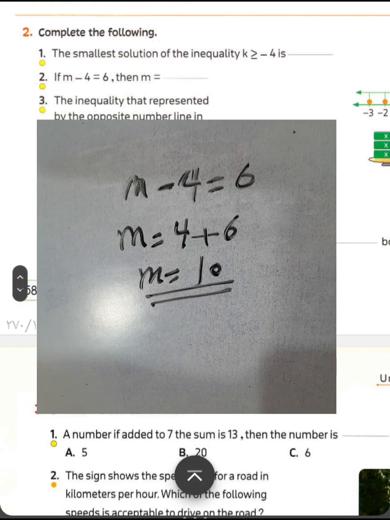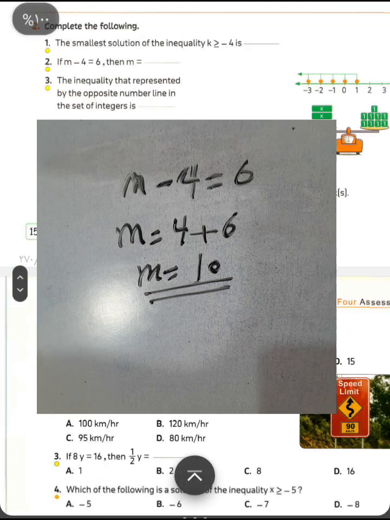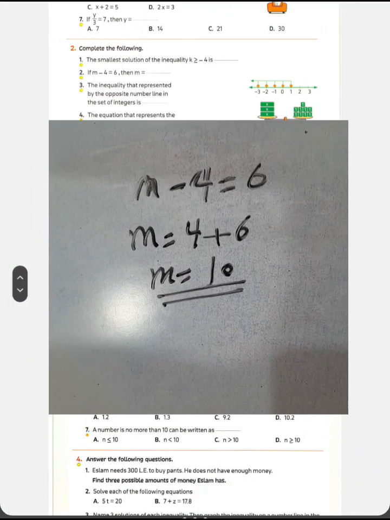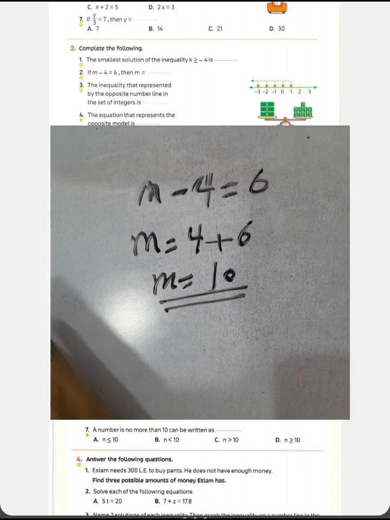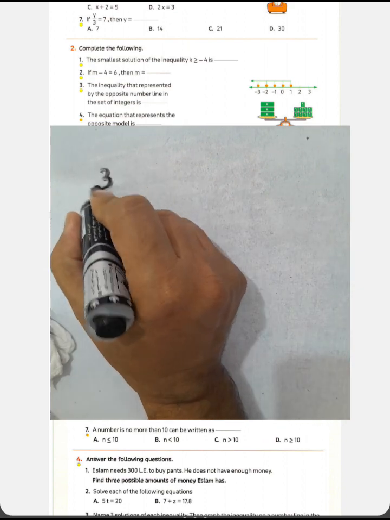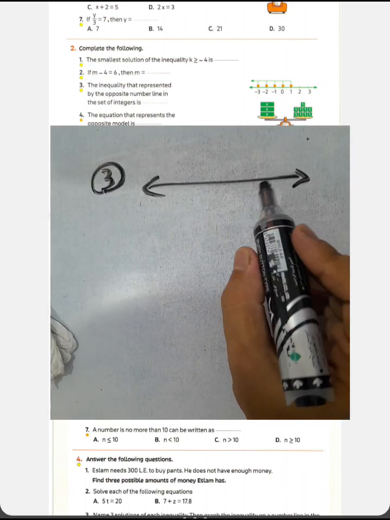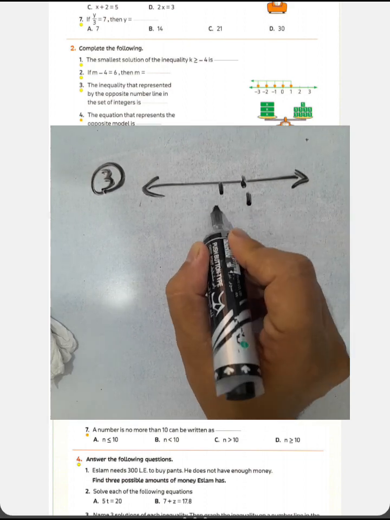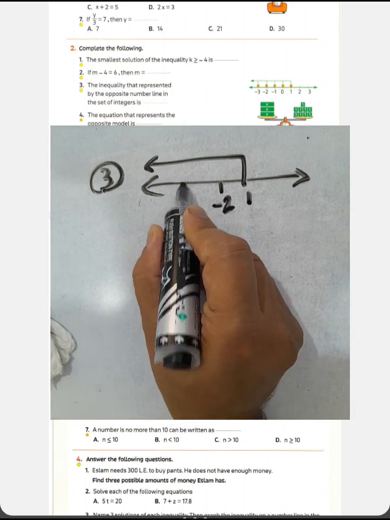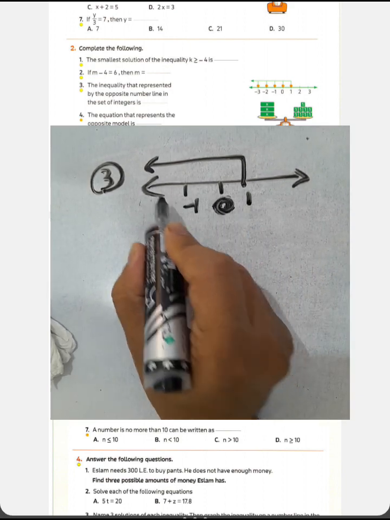Question number 3. The inequality that is represented by the opposite number line, who can tell me? We have a number line here. You can write the inequality for question number 3. We have the solution beginning at 1 and going to the left, through 0, negative 1, negative 2.